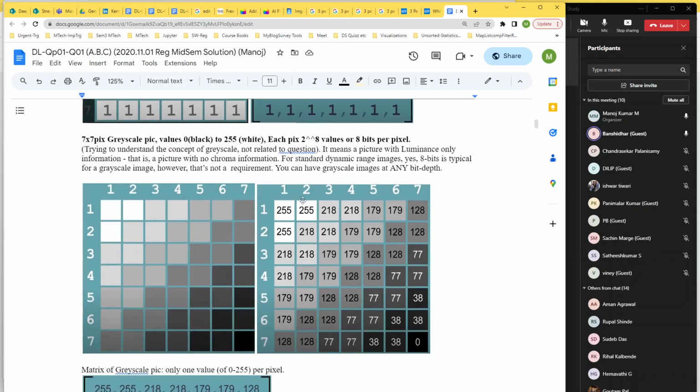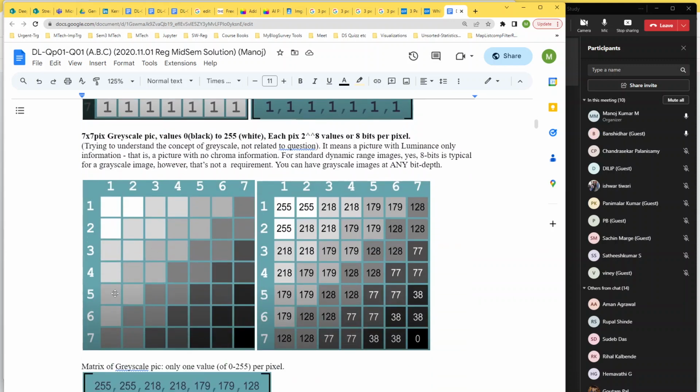Okay, so let's go to grayscale. Again 7 by 7 pixels. Some are white, some are black, and some have a different shade. Here white is represented by 255, black by 0, and all other gray shades are represented by some other values in between. So how do numbers like 77 and 128 come, randomly?